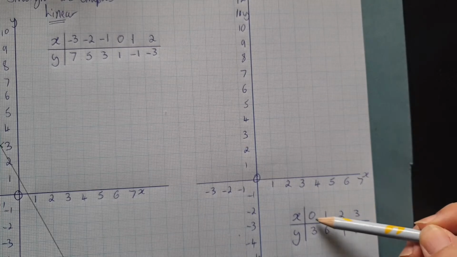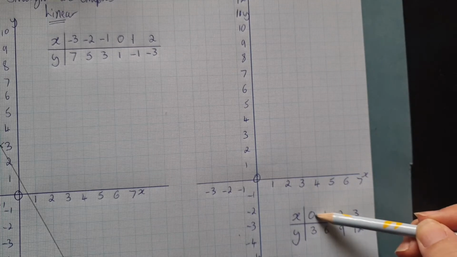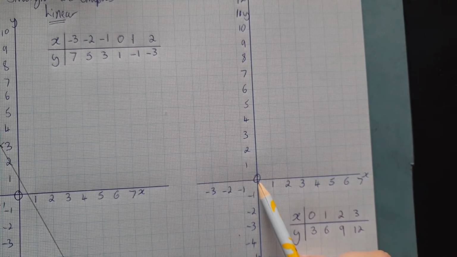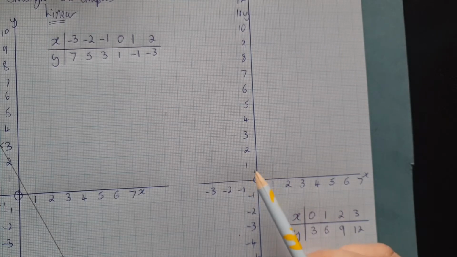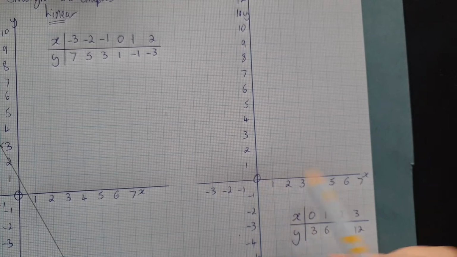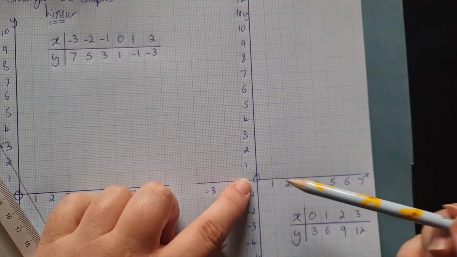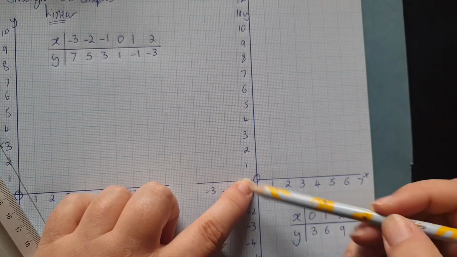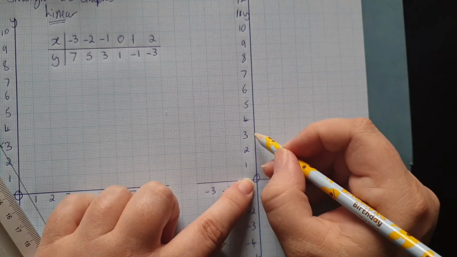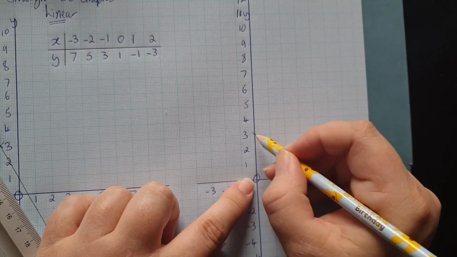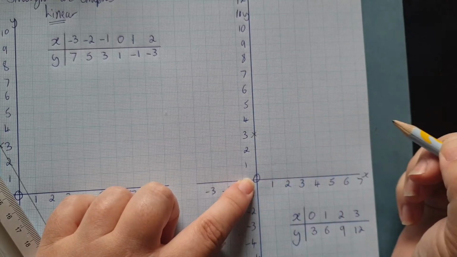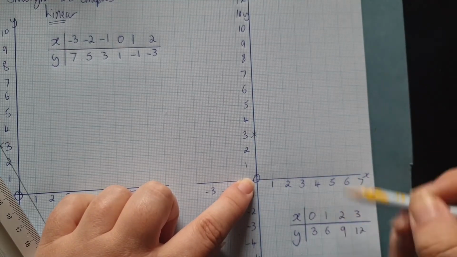Okay, so 0, 3. X is 0. So I've drawn a 0 in the middle here, and this is the origin. Just a quick reminder. We therefore have 0, 3, and I'm plotting with a nice neat cross. 1, 6.